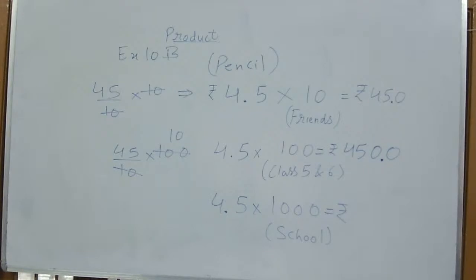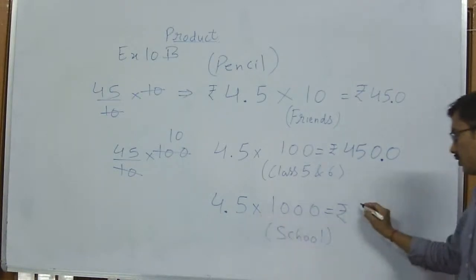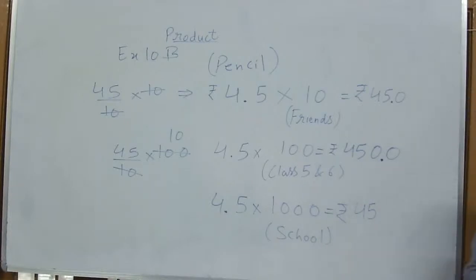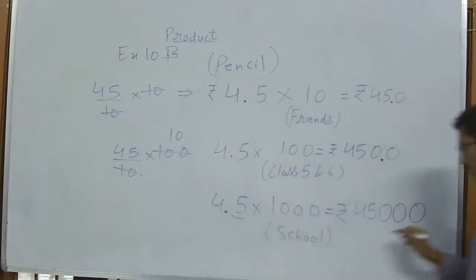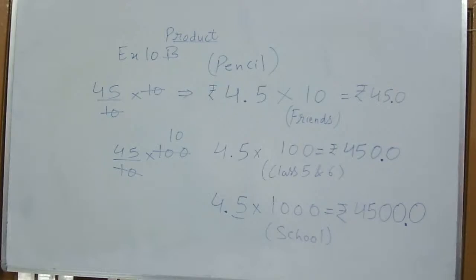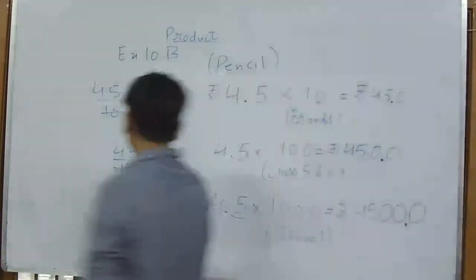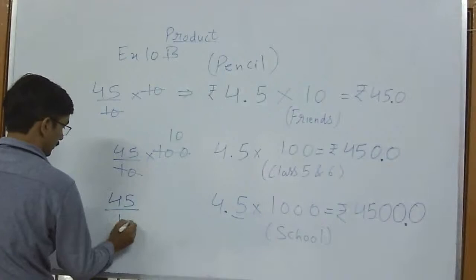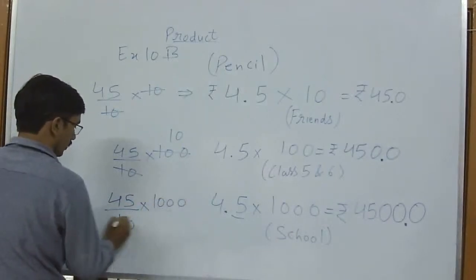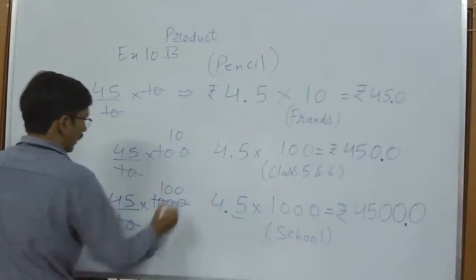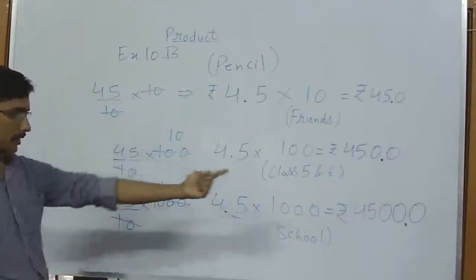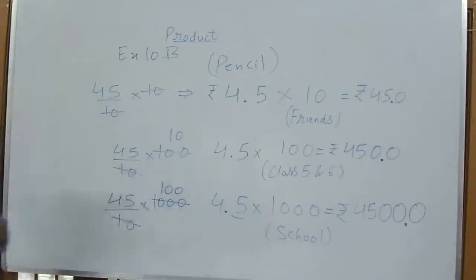Suryansh Dikshit, now 45 multiplied by 1000. 4, 5, 000, 1, 2, 3. But we want to put the point only after one place. Yes, this is 45 by 10 multiplied by 1000, divided by 10, you will get 100. 45 multiplied by 100 is 4500.